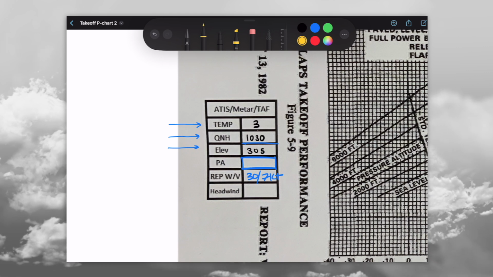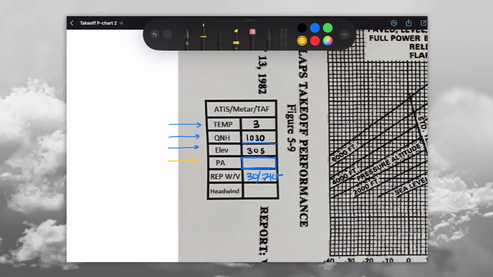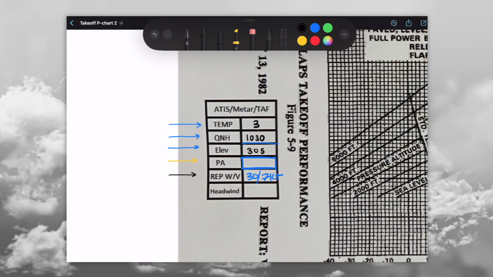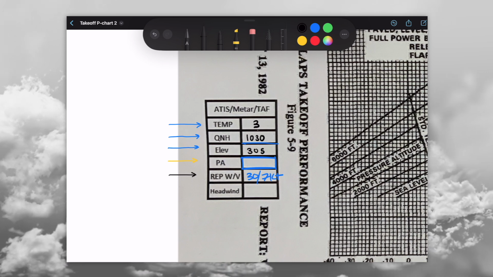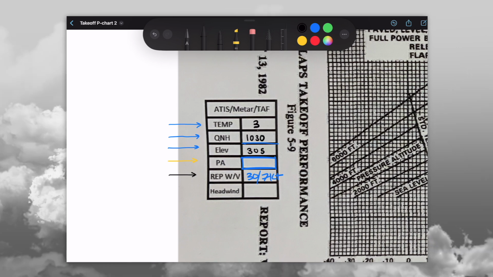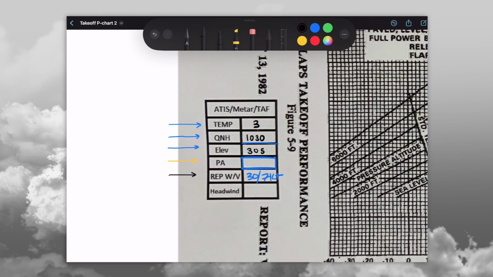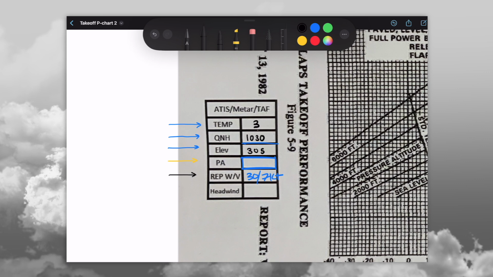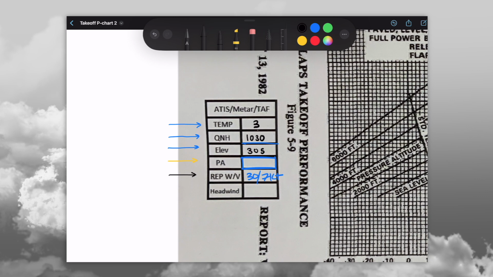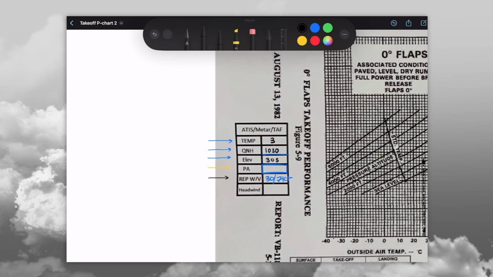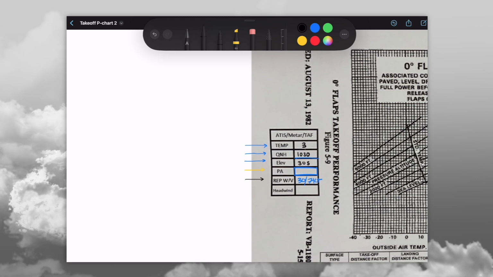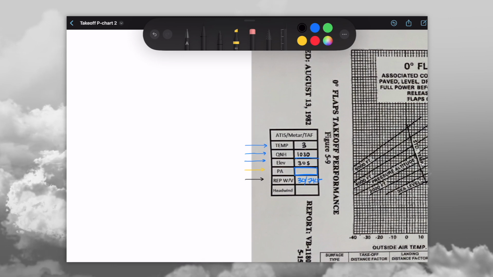We need to calculate our pressure altitude, and we have a wind represented here as well. So we've got a wind speed and a directional component. We don't have a headwind just yet. So we first have to calculate what our pressure altitude is.